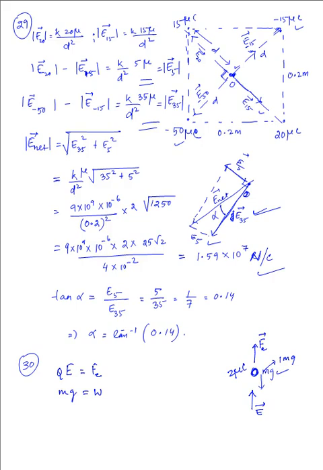Now the mass that is provided is 1 milligram. G does not stand for gravity over here, so this is for the mass. I'm writing it as capital M. So then, in order that this is balanced, Fe is equal to W, then we have Fe equal to 2 microcoulomb times the electric field, which is to be determined.